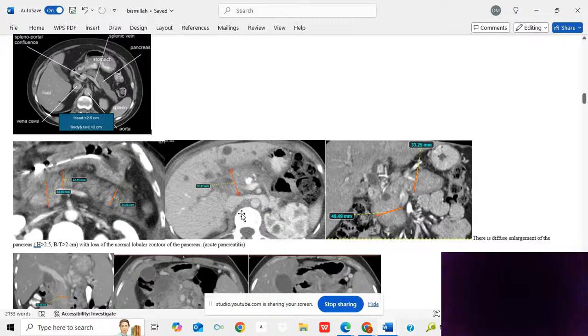Here the pancreatic head is 3.7 centimeters, more than 2.5 centimeters. Here the pancreatic head is 4 centimeters.